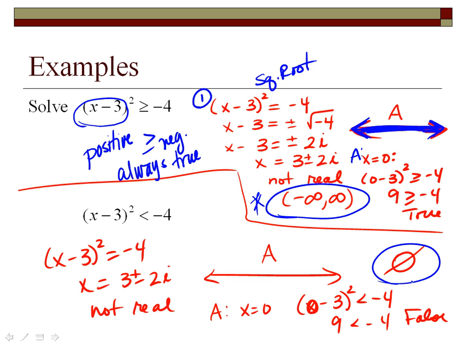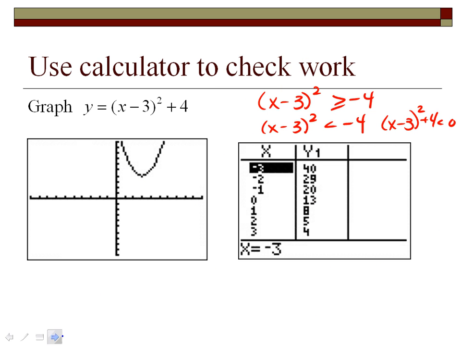There's no solution. Well, here again, I'm saying a positive number is less than a negative number. That's never true, right? So I'm going to have the empty set for that one. Now on the graphing calculator, well, we were trying to find where x minus 3 squared is greater than negative 4, or I can think of that as where x minus 3 squared plus 4 is greater than or equal to 0.